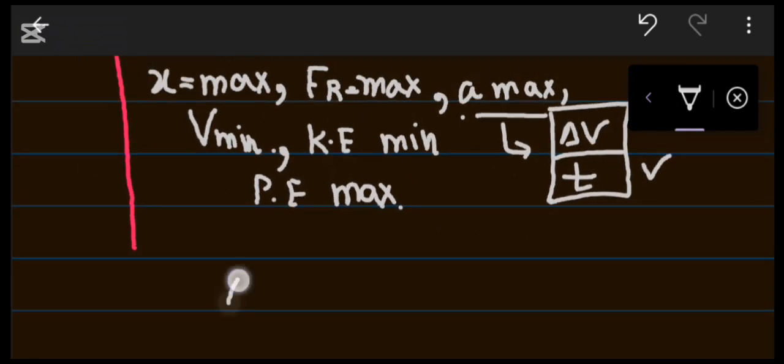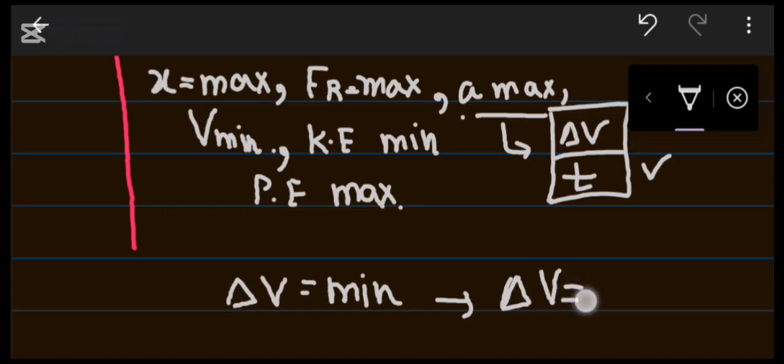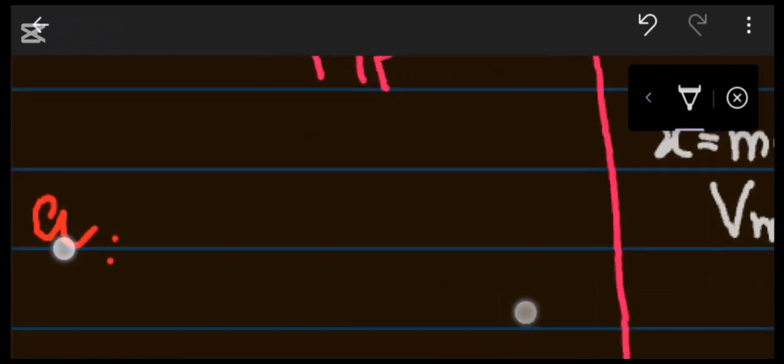You can see delta V, which is acceleration, is minimum at the mean position. And if we talk about the mean point, first of all, the displacement is zero. When the body is at the mean position, at the original position, it will not cover any displacement.